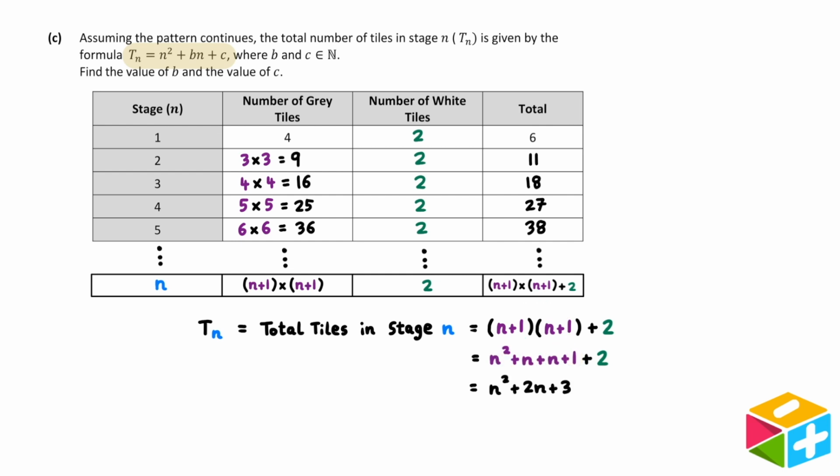From here we can simplify a bit. n plus n is 2n, and 1 plus 2 is 3. Now, our expression matches the target of n squared plus bn plus c. b is the number in front of the n, so here b is equal to 2. c is the number by itself, and here c is equal to 3.